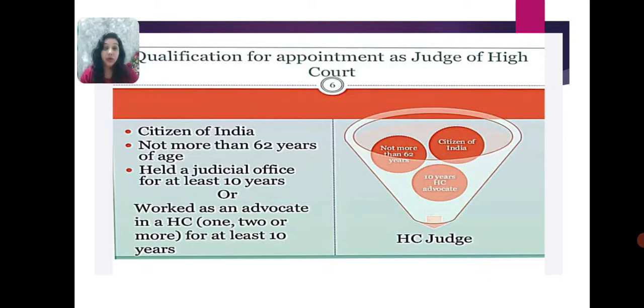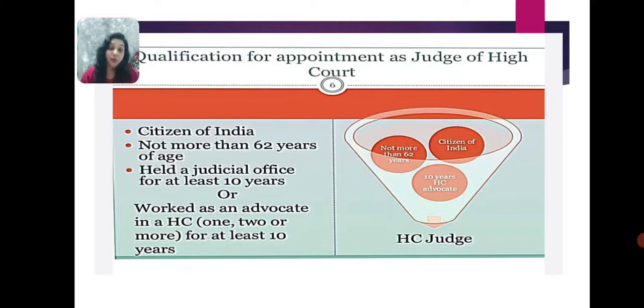Let us see what the qualifications are for appointment as a judge of a High Court. The head of the High Court is a judge, like the head of the Supreme Court is the Chief Justice of India. The qualifications are almost the same. He should be a citizen of India.